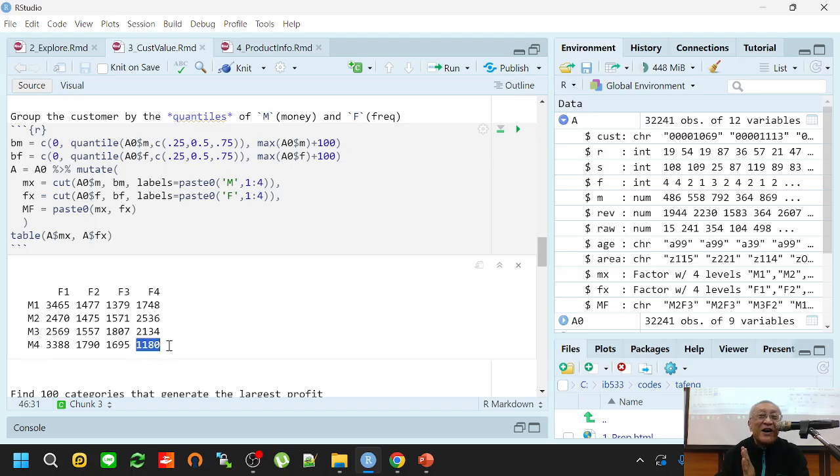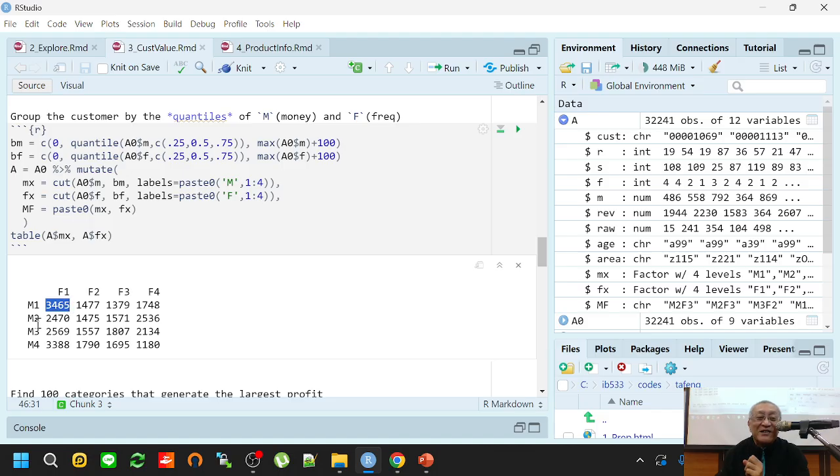largest average buying amount. Okay, so by using the buying frequency and also buying amount, I kind of divide the customer into, sorry, this is the smallest, and this is the largest one, right? This M1, F1 is the customer who buy most frequently, and in average, their transaction amount is the largest, right?